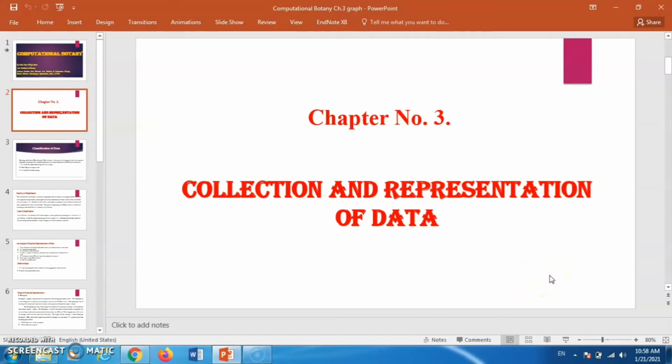In chapter number 1 we have seen the introduction of all the terminology that is used in biostatistics. First we saw the definition of computational botany. After that we saw the definition of biostatistics.